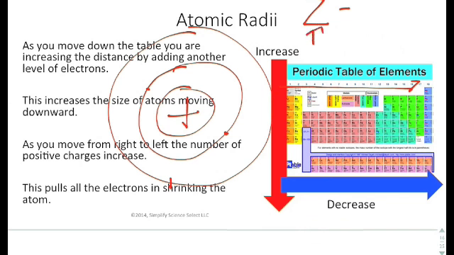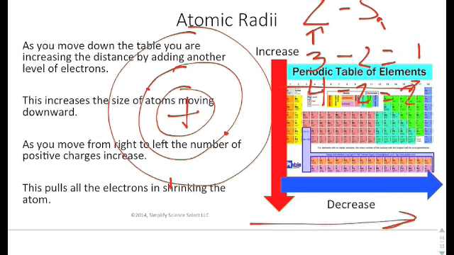For example, lithium is 3, but beryllium is 4. So you're increasing the effective nuclear charge. But there is no change in the number of shielding electrons, so that number remains constant. What that means is the effective nuclear charge increases as you move across the periodic table.